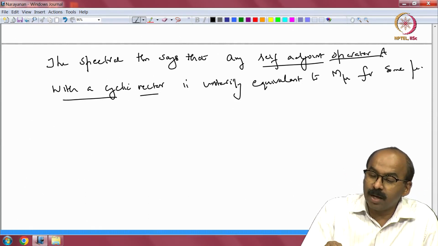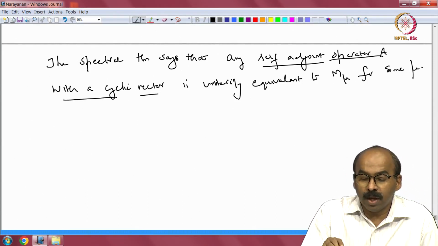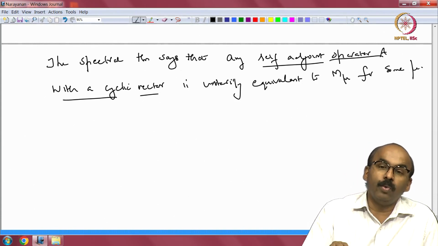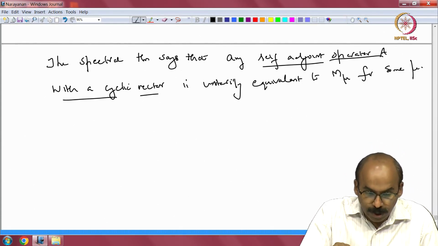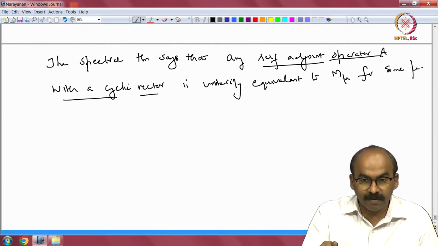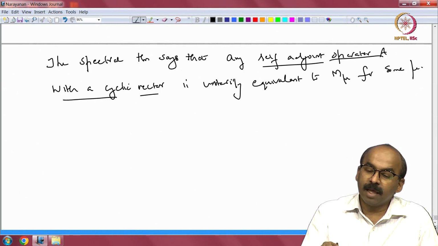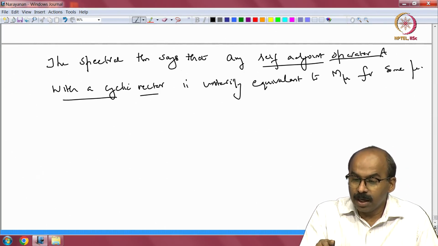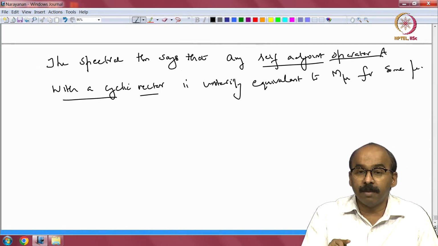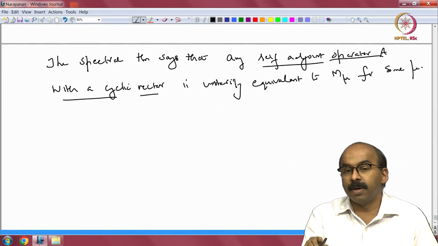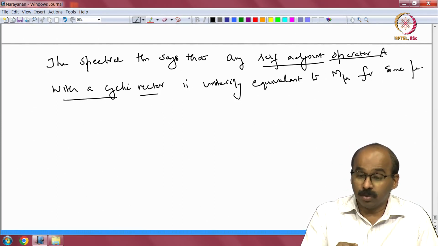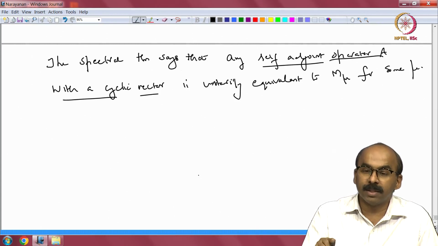Now, let us see when. So, essentially I want to know when two self adjoint operators with cyclic vectors are unitarily equivalent. That question is same as if I take two operators m sub mu and m sub nu. So, those are the model operators for self adjoint operators with a cyclic vector, right, they will look like that.